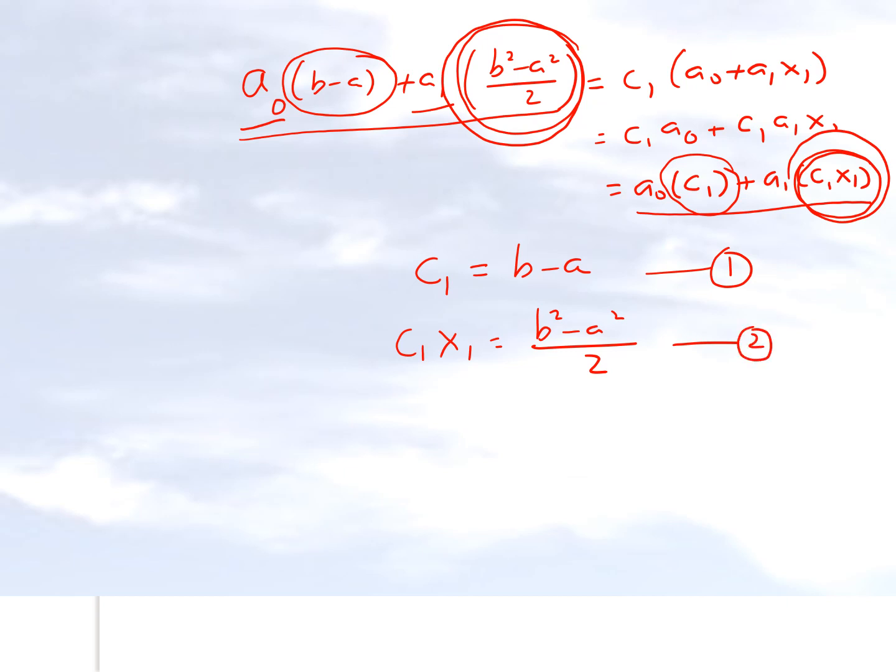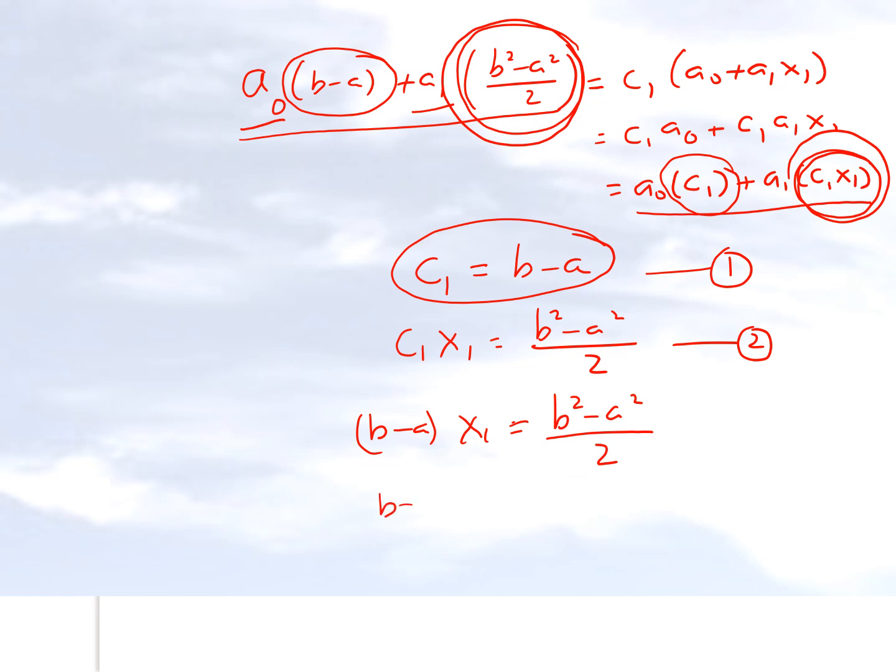Of course, these may seem to be nonlinear equations. At least the second one is nonlinear, but it is very simple to solve because I already have the value of c1. I will just put it here: b minus a times x1 is equal to b squared minus a squared by 2. How do I find x1?